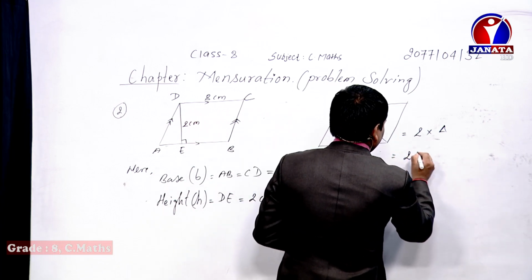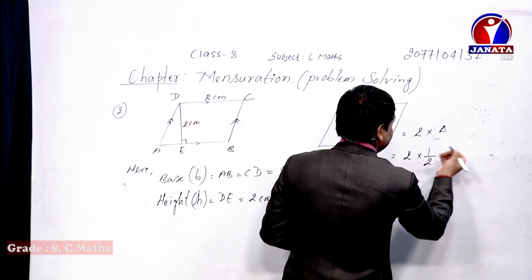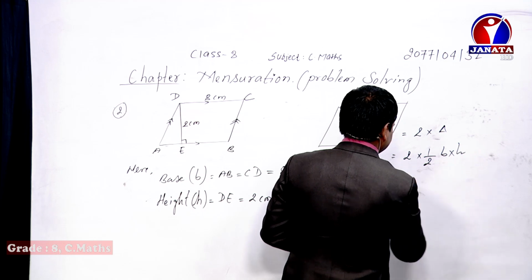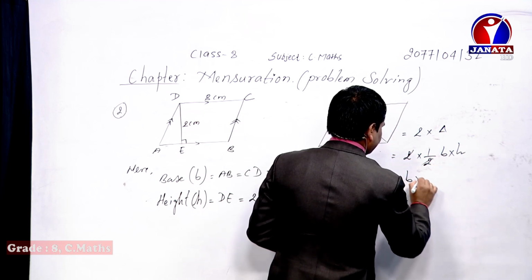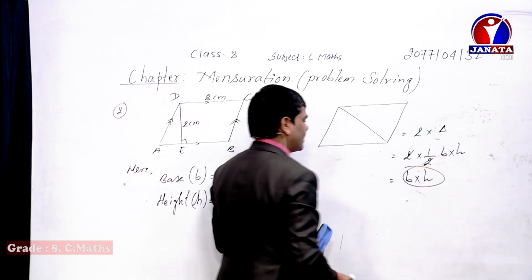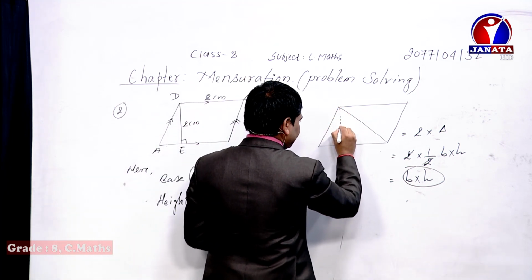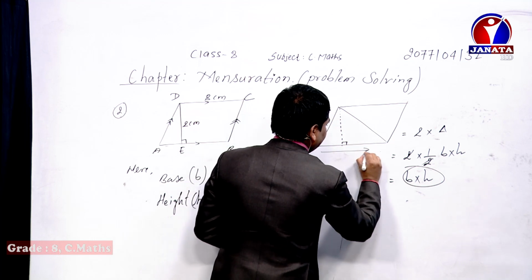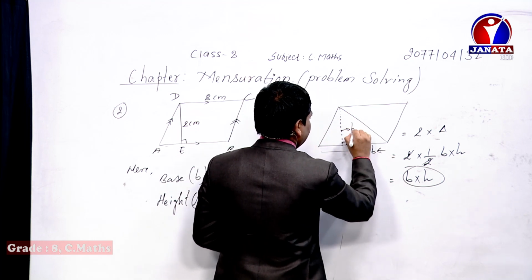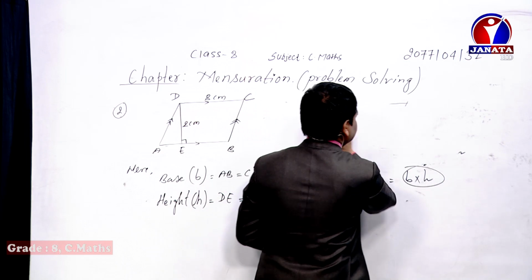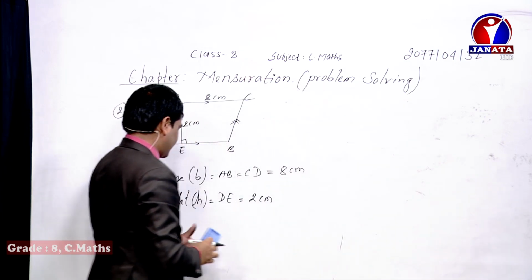So 2 into 1 by 2 into base into height, the 2s cancel, as a result base into height. So this is the formula of a parallelogram. Base means if you draw a perpendicular line, this one is the base and this one is the height. By using that concept, we need to find the area of this parallelogram.